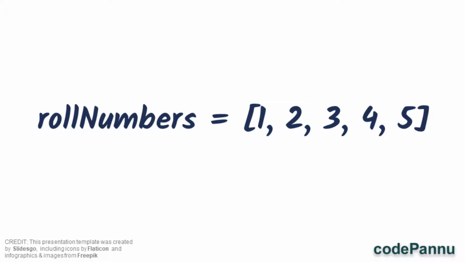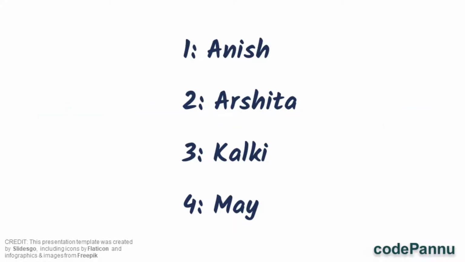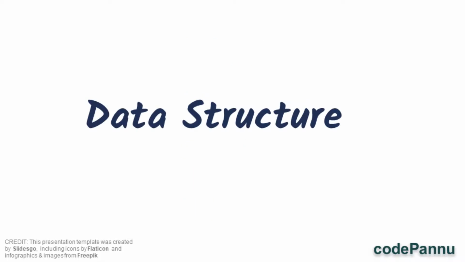So instead of having this list roll_numbers, it is better to have the information in this format: 1 belongs to Anish, 2 belongs to Arshita, 3 belongs to Kalki, and 4 belongs to me. So Python provides us a data structure to store more information.